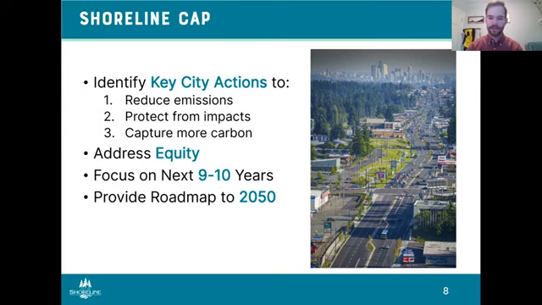We're calling it our ecosystems and sequestration focus area. And we'll also be discussing that focus area tonight. We also will want to address equity in our climate action planning process and in the strategies and actions we're proposing. And I'll say a little bit more about that here in a minute too. Next slide, please.